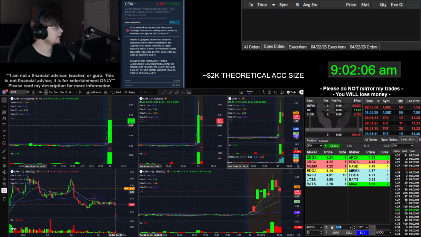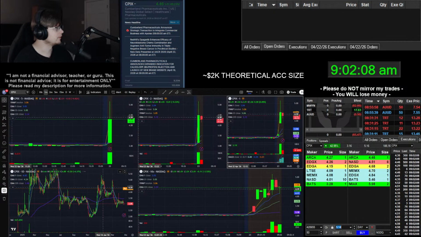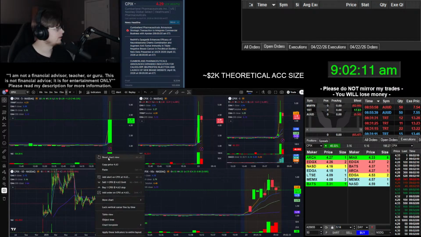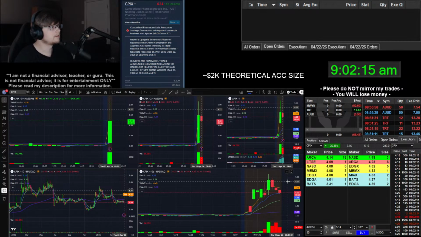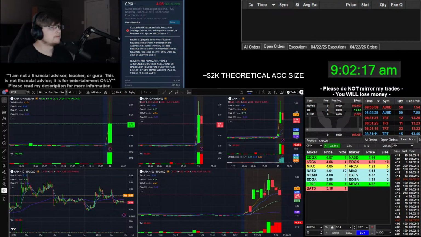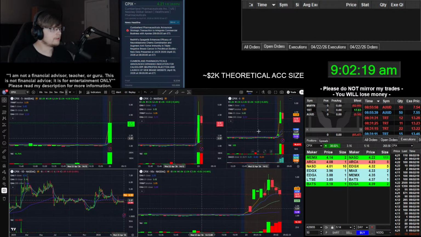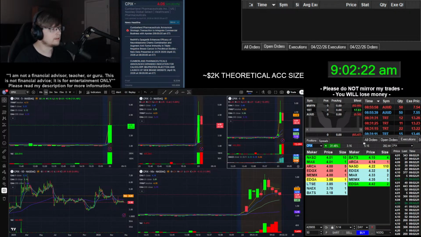Break above 5 on the daily level with room up to 550, above 550 up to 6. 9 million share float, so the float is a little bit higher on this.